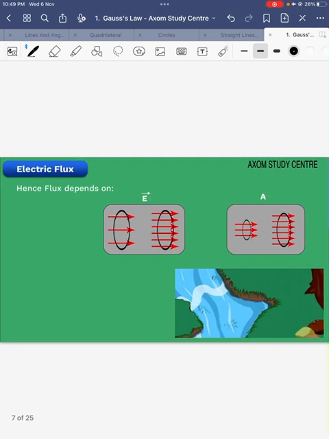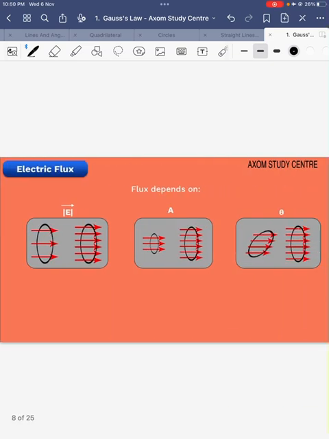Another parameter is the slope, that is, at what angle. You can see here the area is slanting. In this case the area is vertical, but here it has tilted at some angle. So flux also depends on this tilting angle.